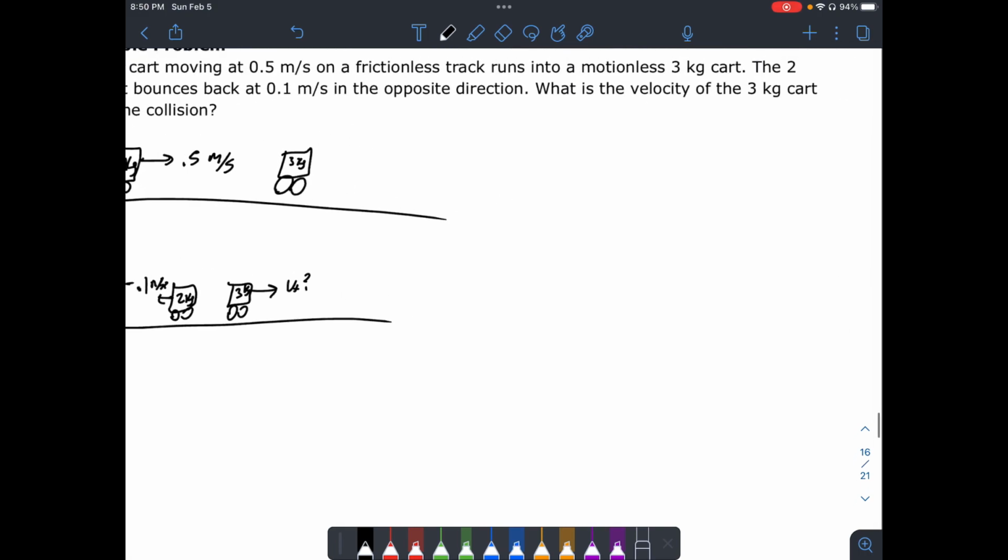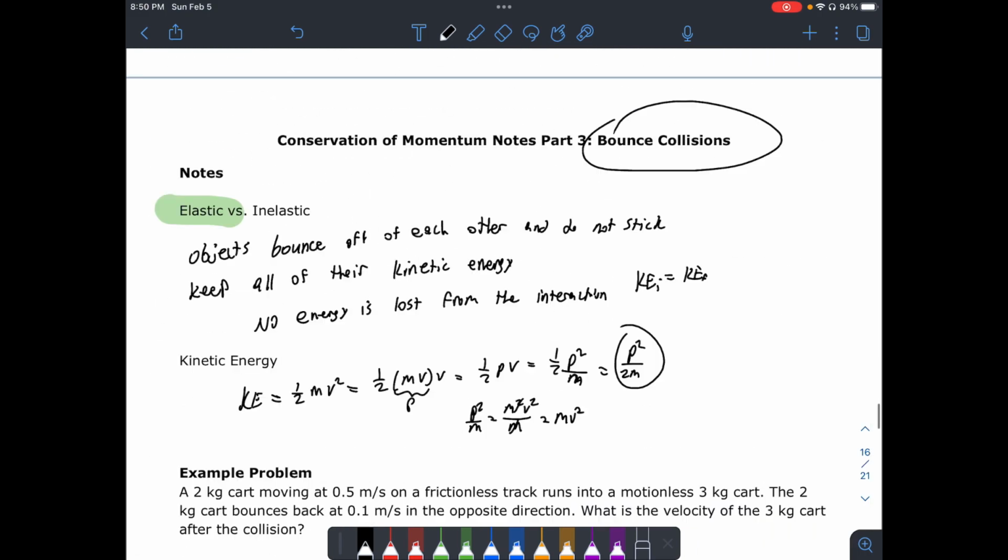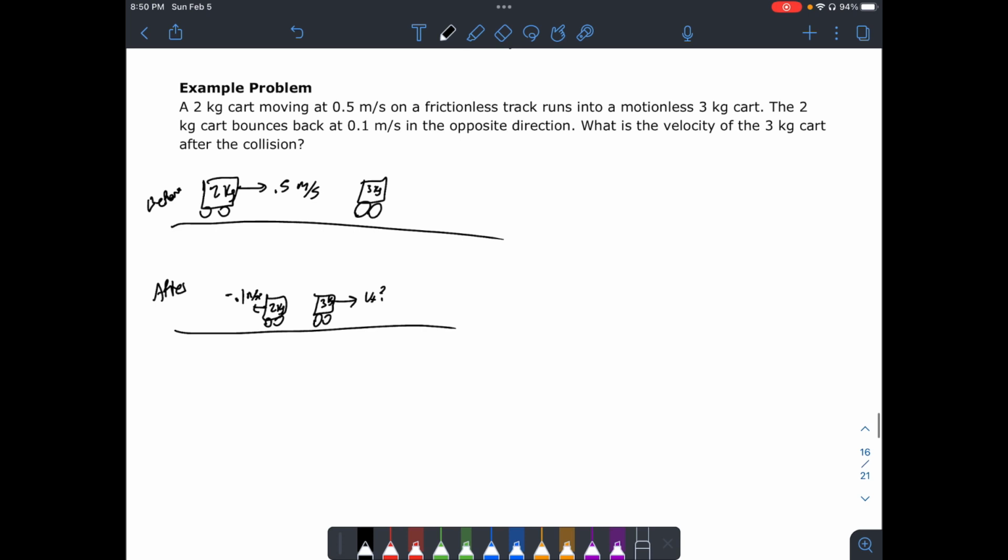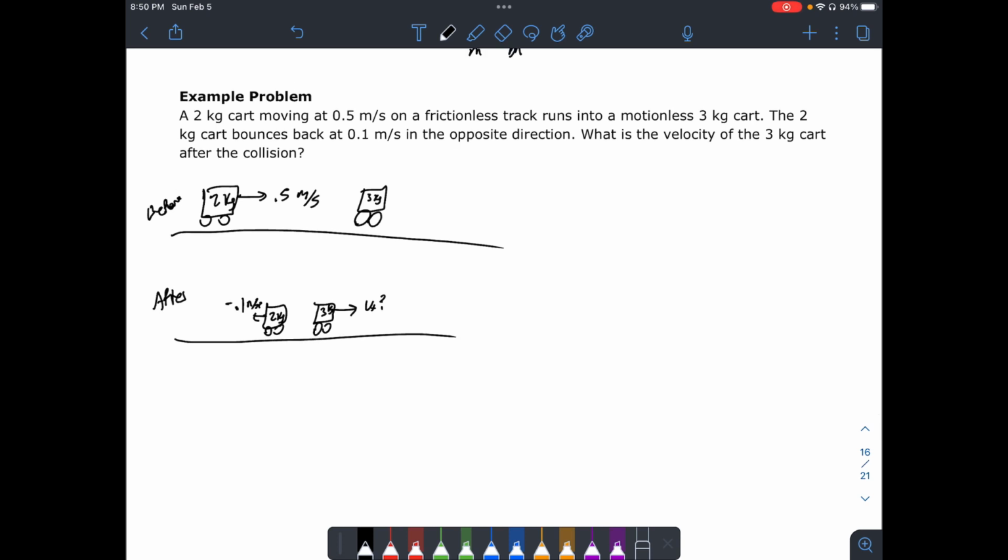So we can always use conservation of momentum just because there's no outside forces being applied to our system. So we can just do some quick multiplication here. 2 times 0.5 is 1 kilogram meters per second. And obviously, momentum of this cart is 0 because it's not moving.